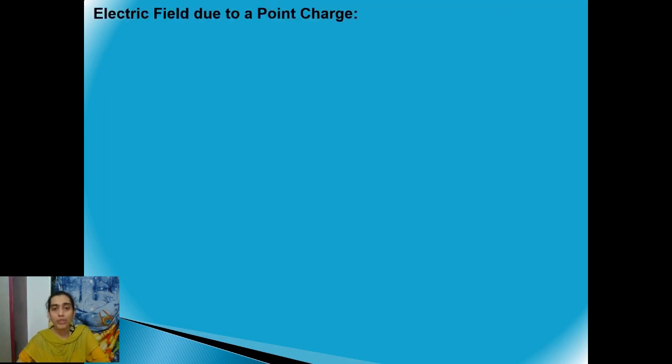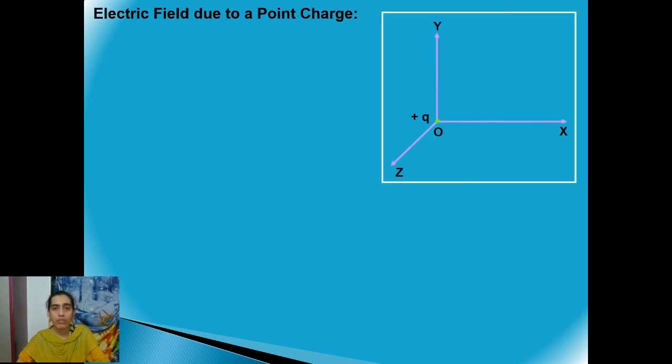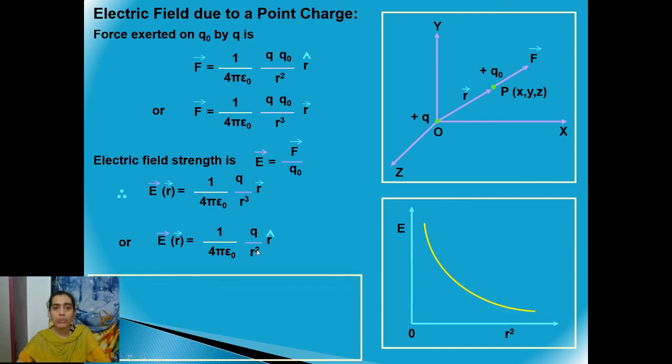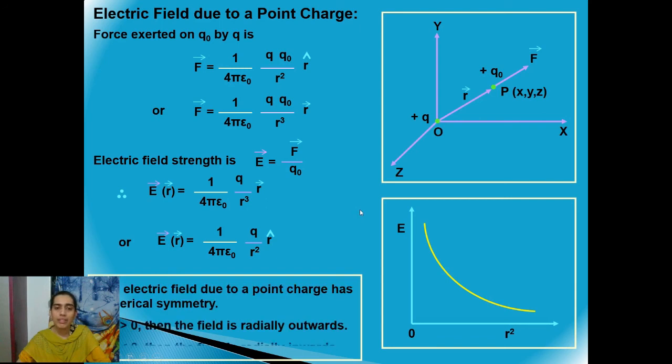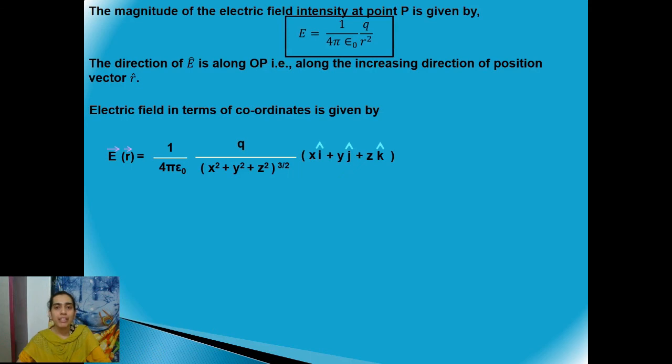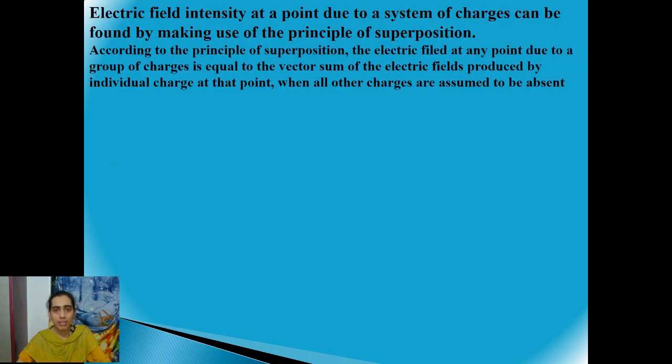We discussed uniform electric field and non-uniform electric field, and also we derived an expression for electric field due to a point charge, which is given by vector E is equal to 1 over 4 pi epsilon naught Q divided by r square. And electric field varies with distance. As the distance increases, electric field will decrease. And also we derived the expression for electric field intensity due to a system of charges, right?